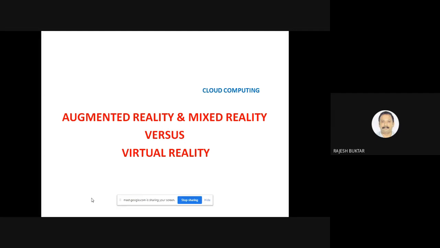There's no collaboration of the real world with the virtual world. So while studying virtual reality, there was a scope of research for the researchers: whether there is a possibility we can interact with the virtual world and real world simultaneously, whether there is a scope for the real world and virtual world to coexist together.